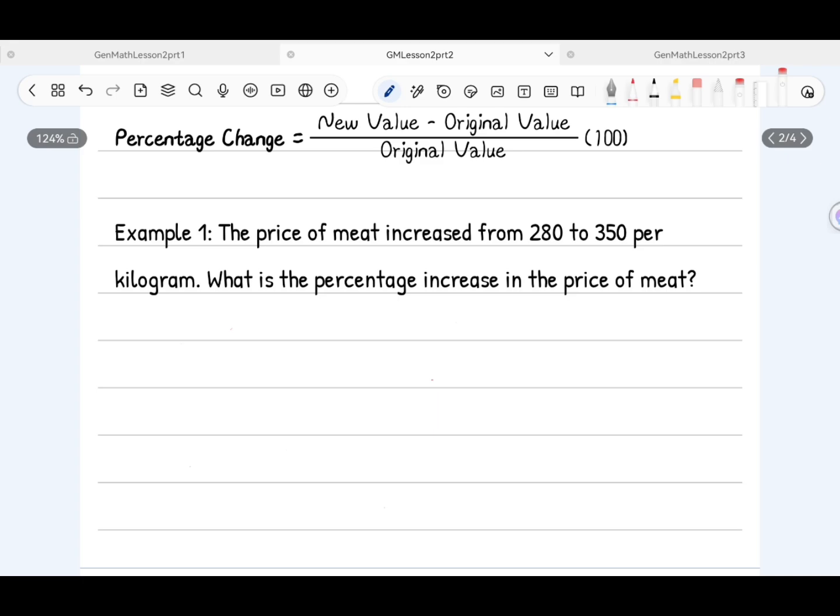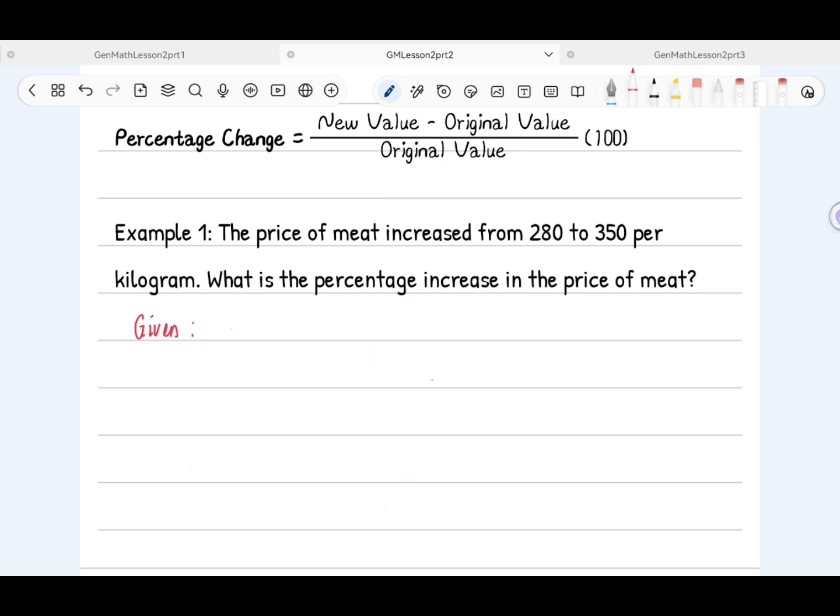So we have here the price of meat increase from 280 pesos to 350 per kilogram. What is the percentage increase in the price of meat? Okay, so let's have our given first.